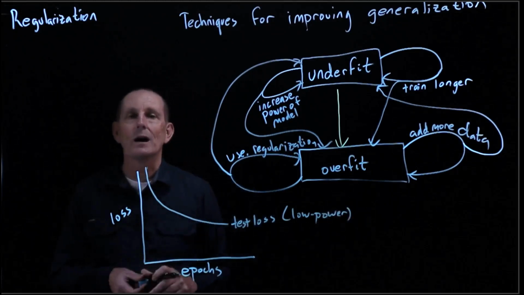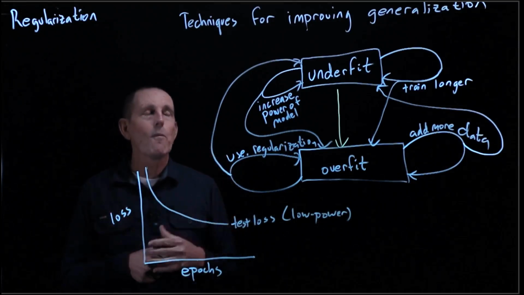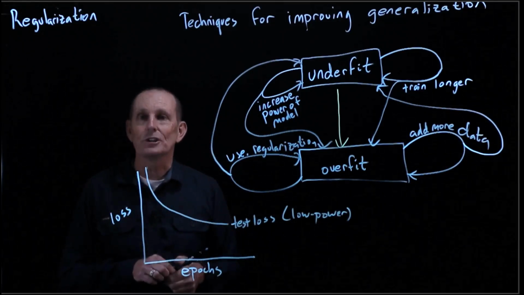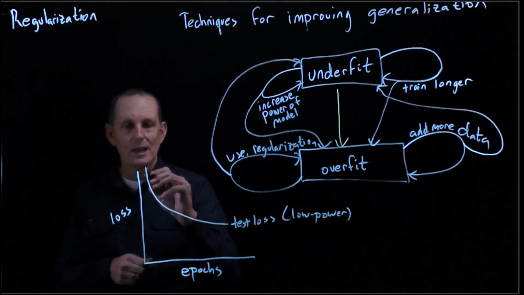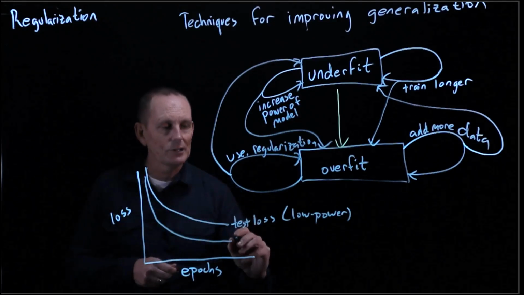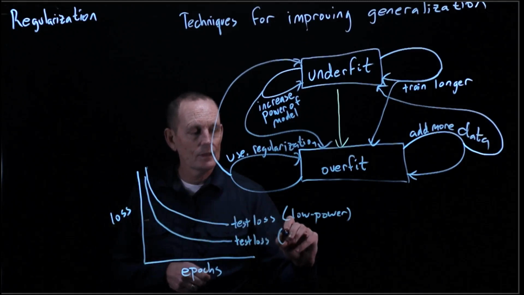If we have a higher power model, that is, we have more parameters in it, so it's richer and going to represent more things, then we maybe get a lower test loss, right? So maybe they'll asymptote lower. So here we have test loss.